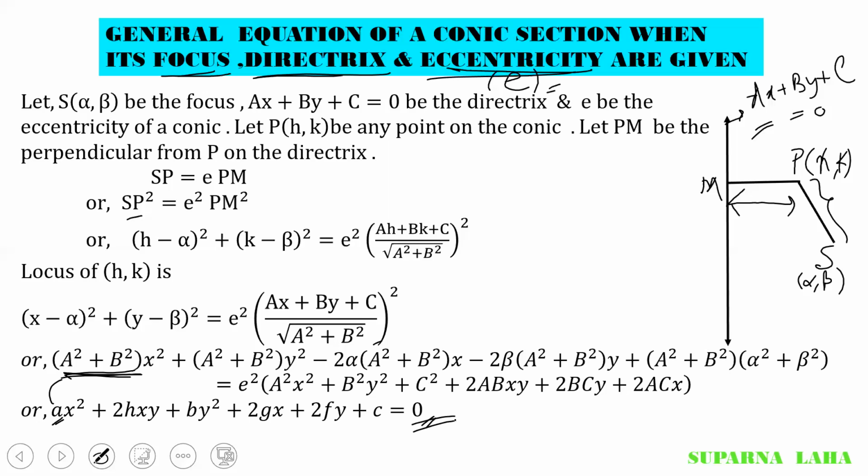In the next class, we will talk about circles, their standard forms, general forms, equations, and how to convert general to standard or standard to general. All of this about circles we will talk about in the next class.